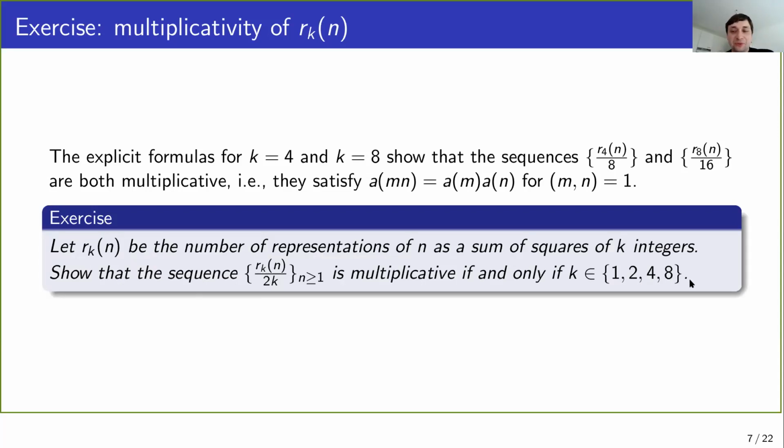And so the proof of this exercise is not that hard, but interestingly there's some coincidence between these numbers and the dimensions of normed division algebras over R. And this actually suggests a more complicated way of proving multiplicativity in each of these cases, which I haven't actually followed through.